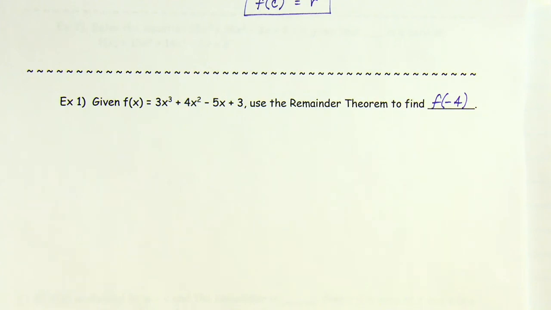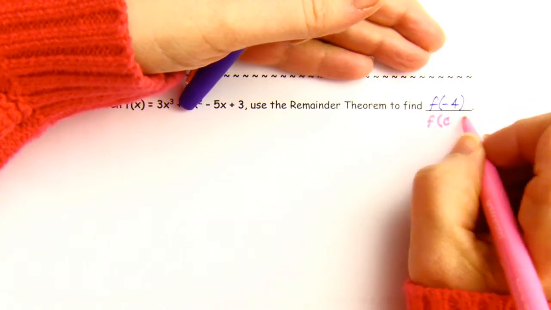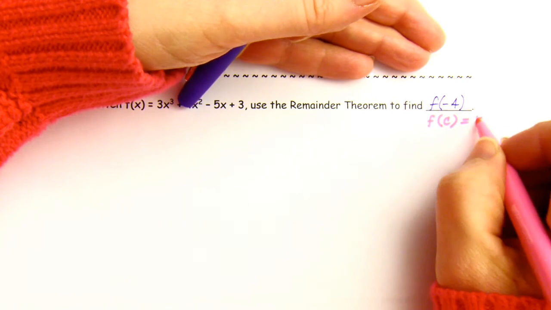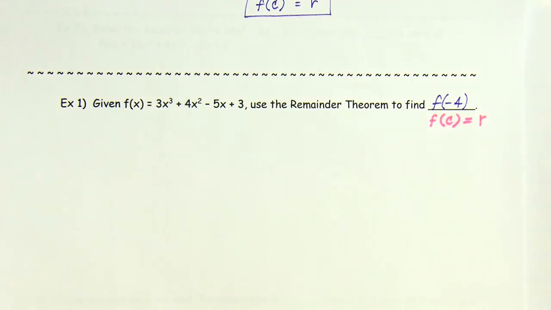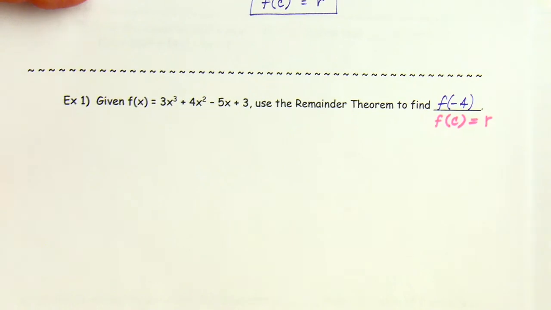Well, if the remainder theorem says f of c equals r, then my value of c must be negative 4. And then once I get what that remainder is after I use the synthetic division, I'm going to know f of negative 4 equals that remainder because of the remainder theorem that we just proved. A theorem is a statement that we prove, and we just proved it.